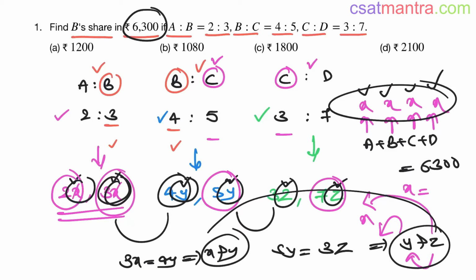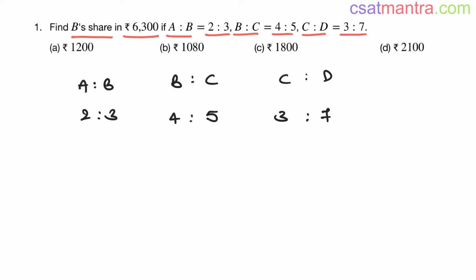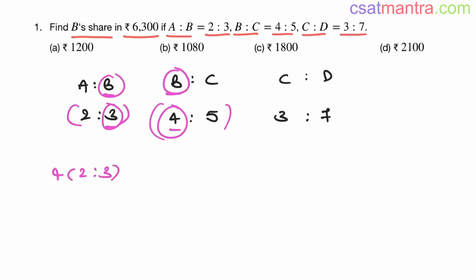This is not the wise way to do it. Rather than doing it the hard way, the previous method, what I am trying to do here is this: we have B in two ratios, my friends, and this B is not equal. Here we have a multiple of 3, here a multiple of 4. I am trying to make these two B's equal. For this, I am multiplying this ratio with 4 and this ratio with 3. 4 into 2 is to 3, 3 into 4 is to 5.